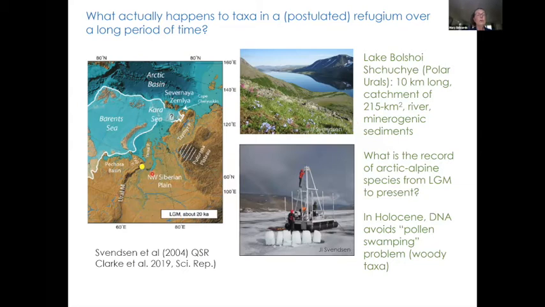This is the polar Urals region of Siberia and northwest Russia. In this region, the ice sheet didn't quite get to the polar Ural mountains. There were local glaciers in the mountains, of course, but it was not glaciated in the last glacial maximum. Hence, there are sites in this region which go back a long way in time.